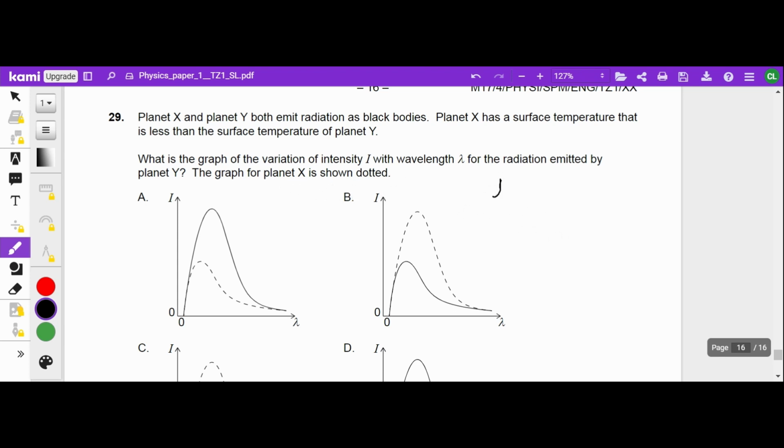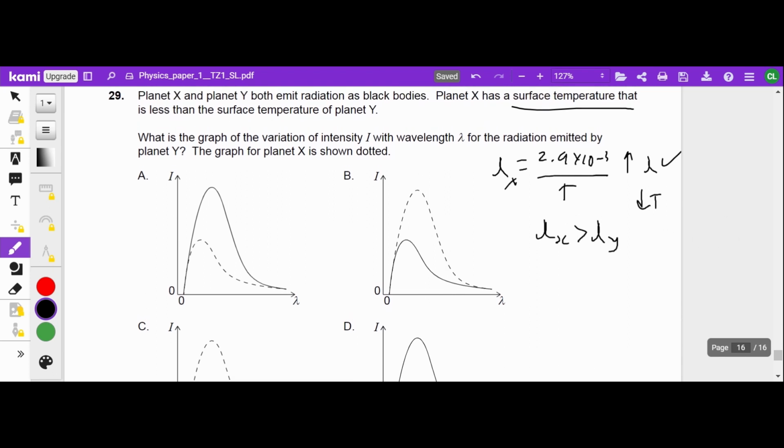We have the formula lambda equals 2.9 times 10 to the minus 3 over T. Planet X has a lower temperature than Y, so a lower denominator means a higher lambda. So lambda x is more than lambda y.